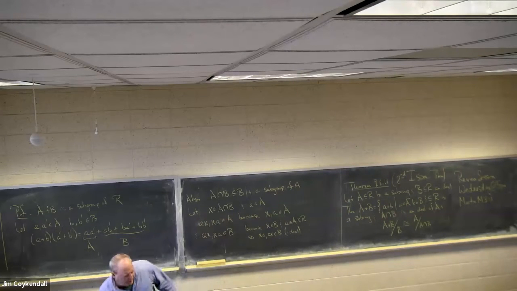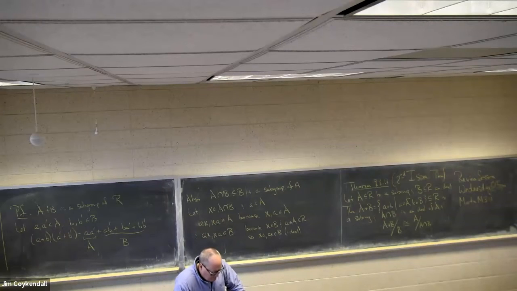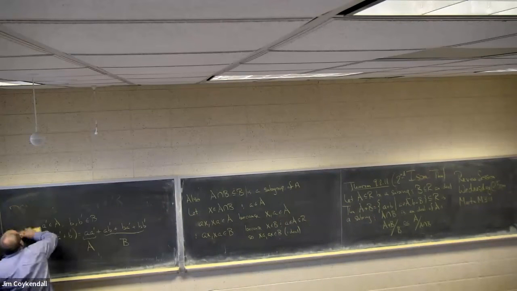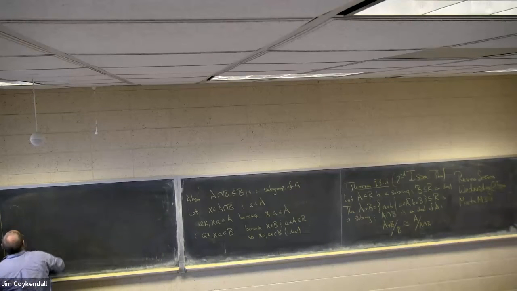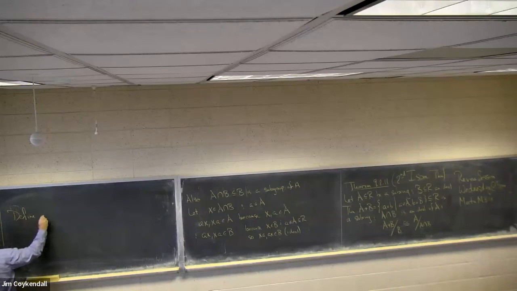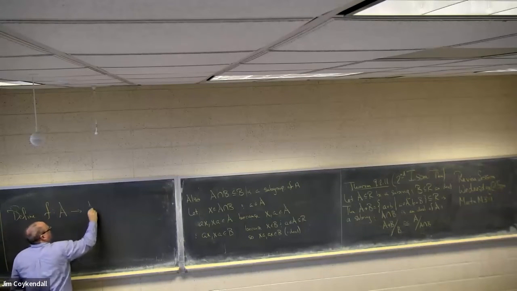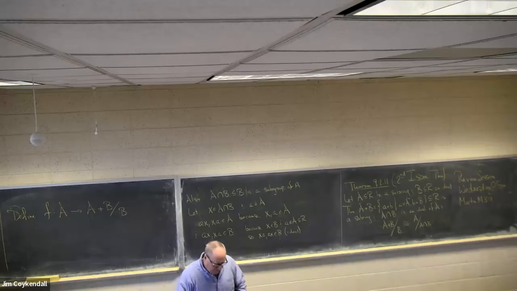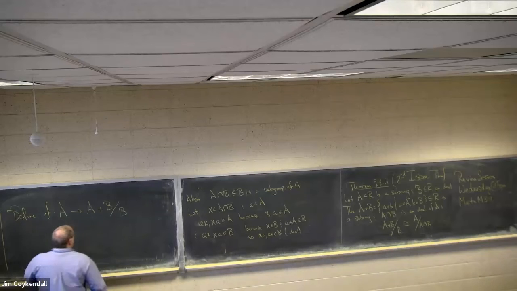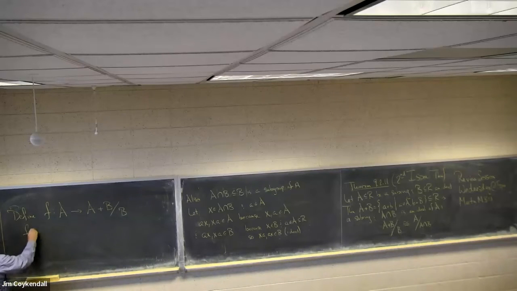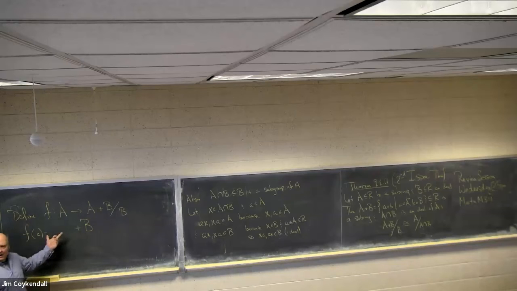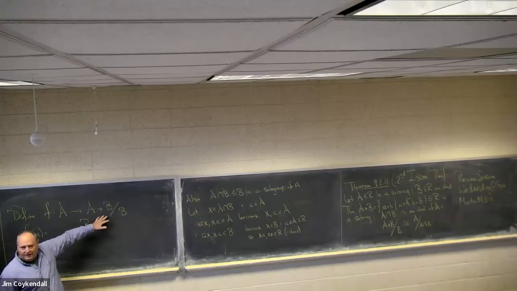Now, to finish this off, I'm going to do the old business with the first isomorphism theorem. So let's define the function F from A to A plus B mod B. Okay, so I need to have something plus B because this is going to be some coset, all right?